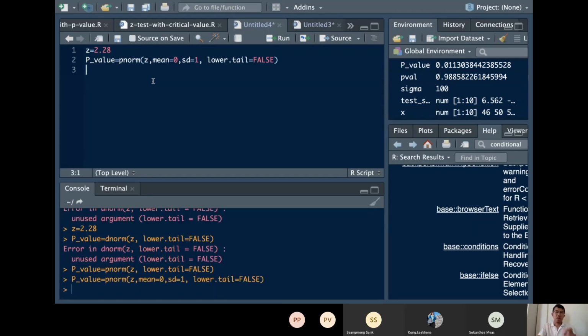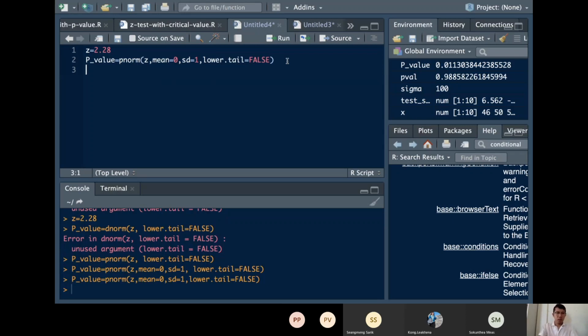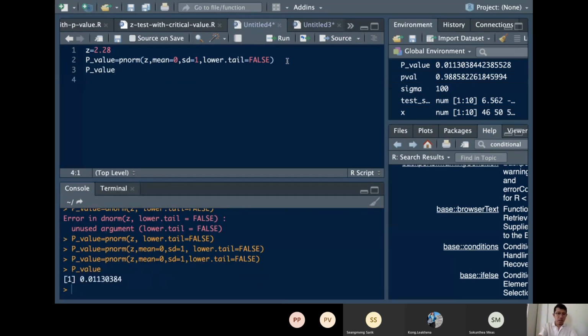I'm sorry, we forgot to specify the mean and the standard deviation. And then in this case, the p-value is this.